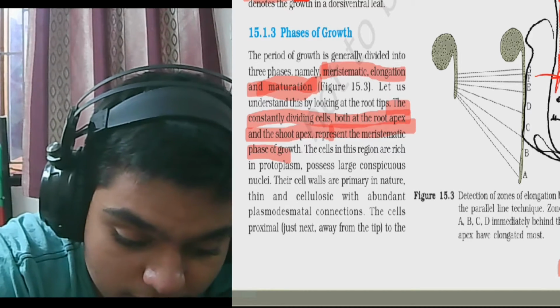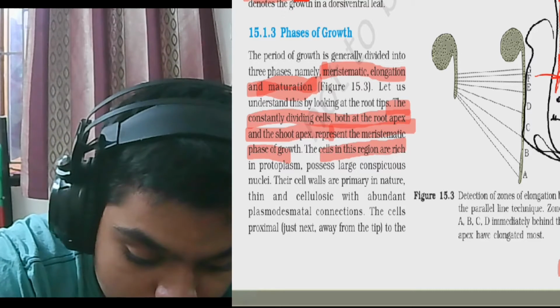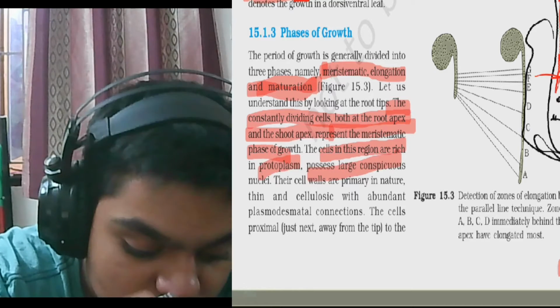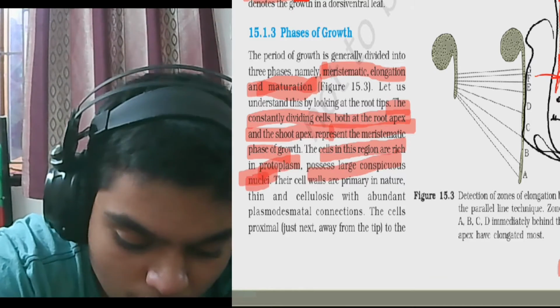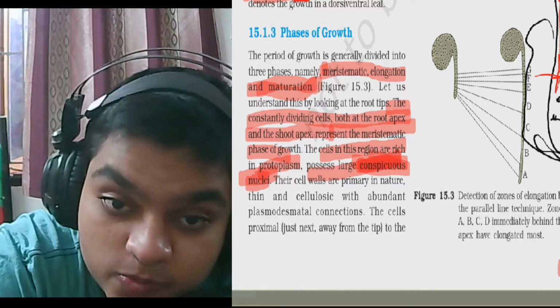The cells in this region possess a rich protoplasm, and possess large conspicuous nuclei. You have to remember this. They can confuse you by asking inconspicuous nuclei.